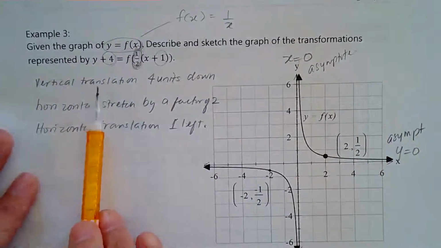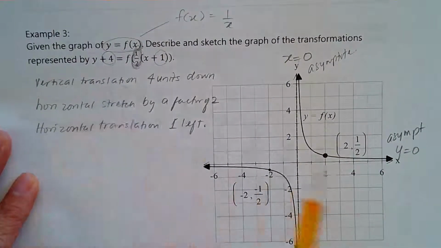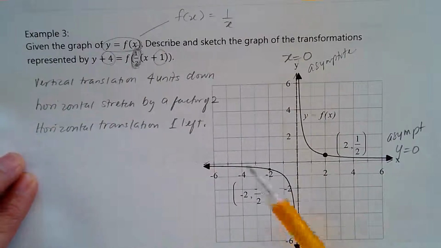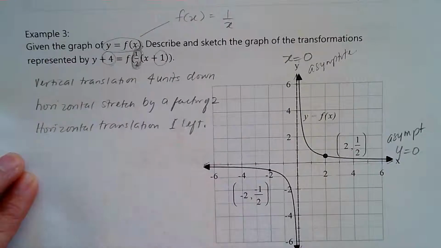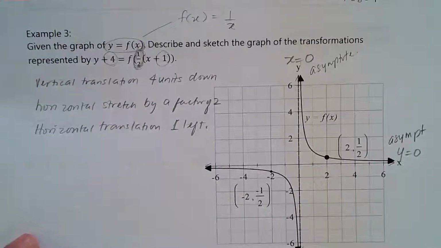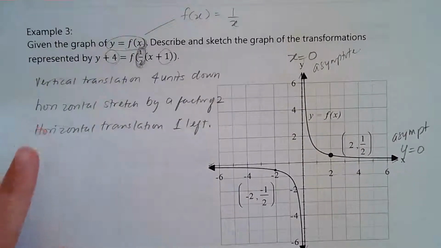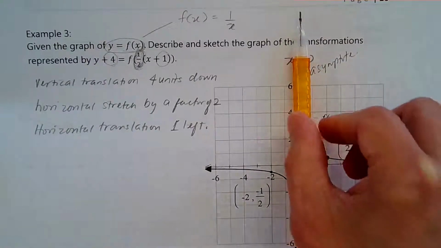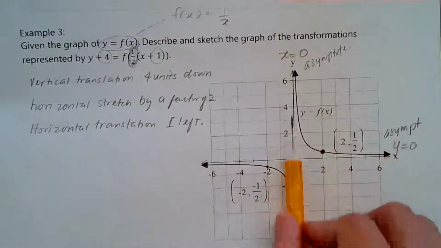So here, a vertical translation of 4 units down. Okay. Vertical translation of 4 units down. Which asymptote gets affected by that? So if this is my vertical asymptote and I shift 4 down, does the asymptote change?